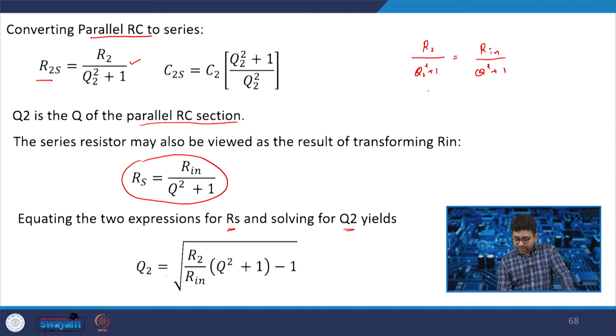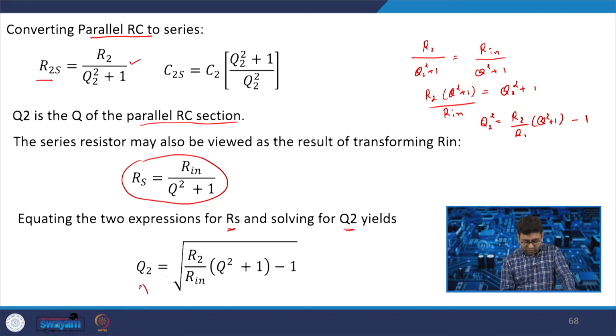So Q2 squared plus 1 equals R2 by R in times (Q squared plus 1), and Q2 squared is given by R2 by R in times (Q squared plus 1) minus 1. Taking the square root, you get the final expression for Q2.